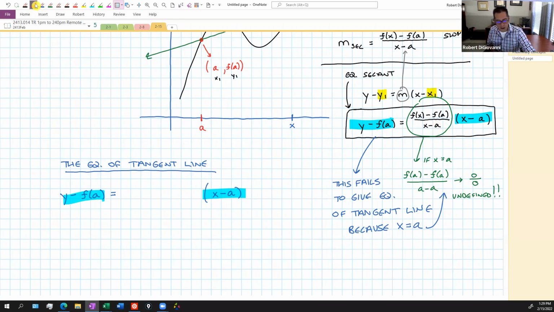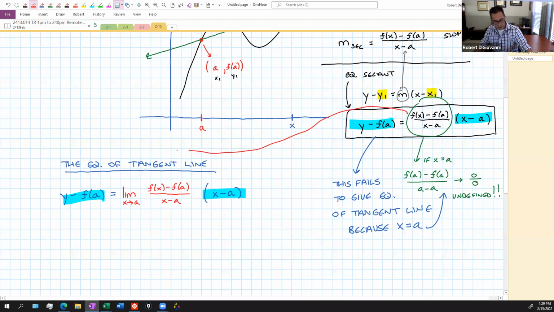So instead of having that out front, I'm going to just put limit x approaches a of f of x minus f of a over x minus a. So I'm taking this right here, and instead of letting x actually become a, I'm going to see what happens when x gets close to a.